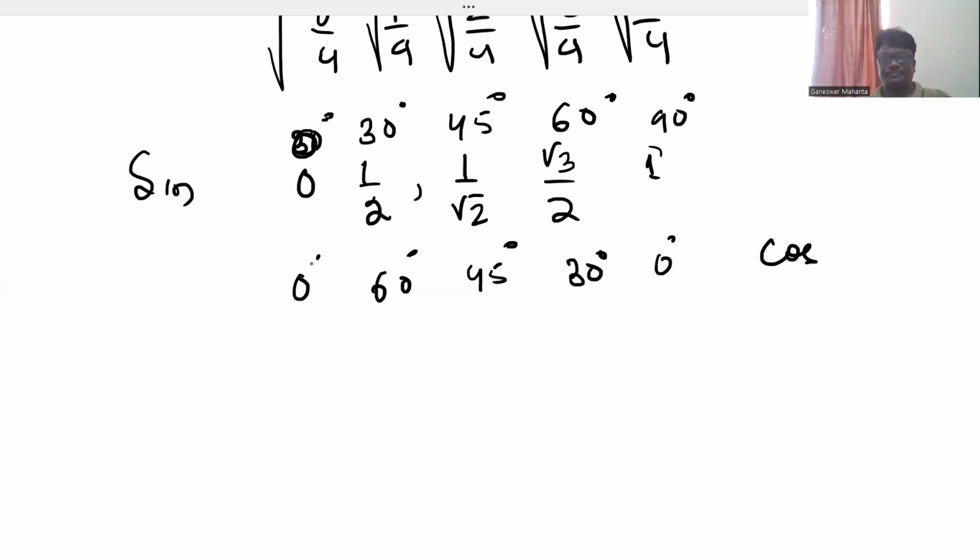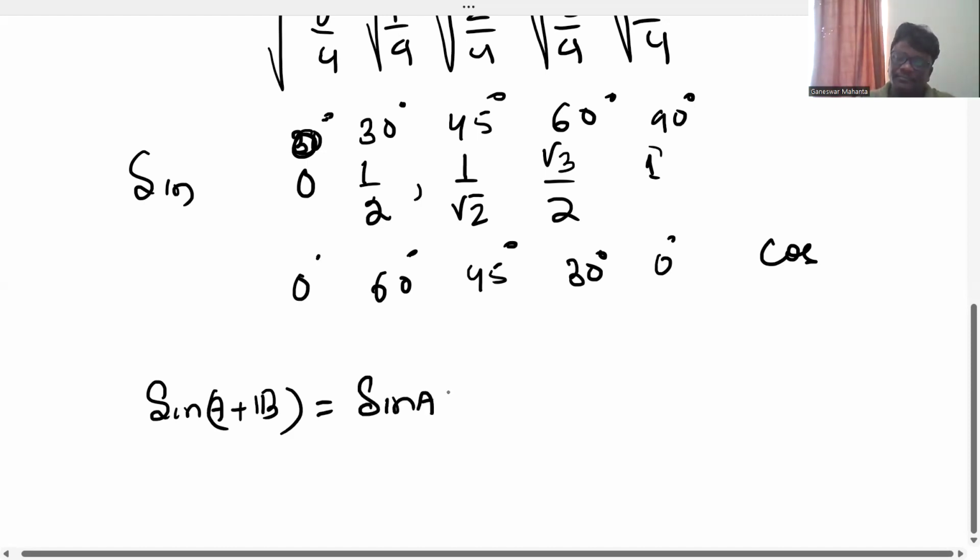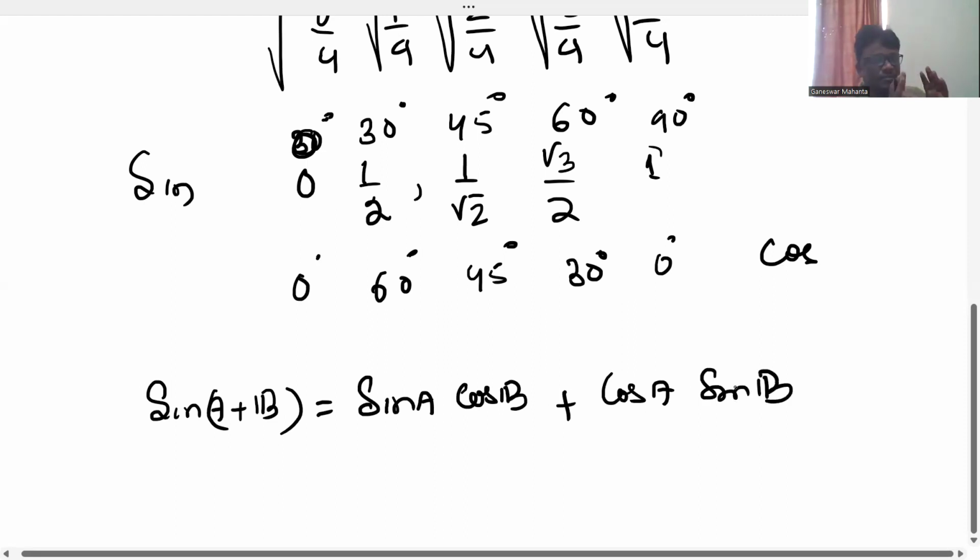That is why, for above 90 degree, we apply the formula sin A plus B, which is sin A cos B plus cos A sin B. Just remember this one.